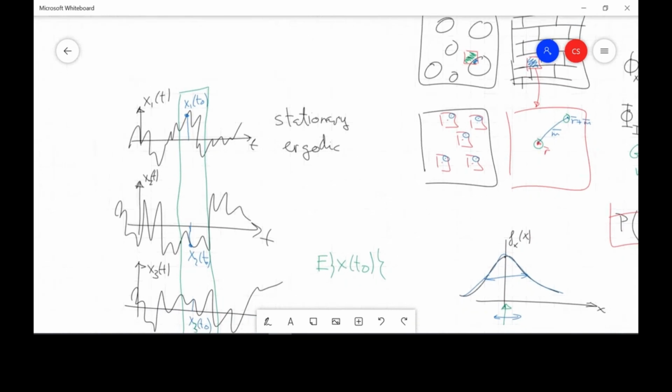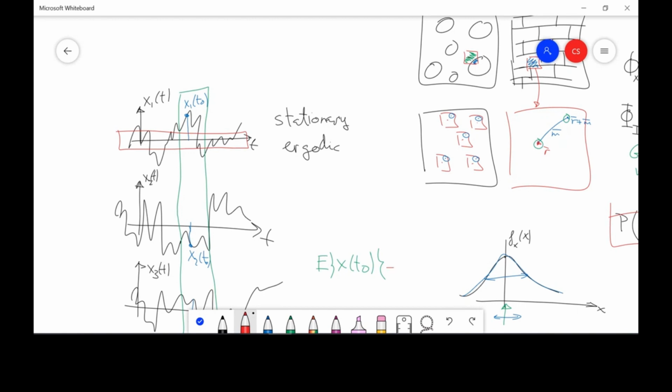But very often you don't have many observations of the same process. You only have one observation. Then you may wonder: I don't have multiple observations at t naught, but I have multiple observations in this direction. Can I compute the mean of those observations?